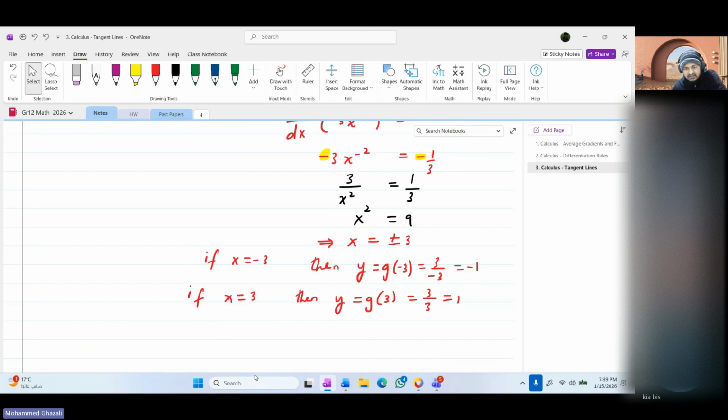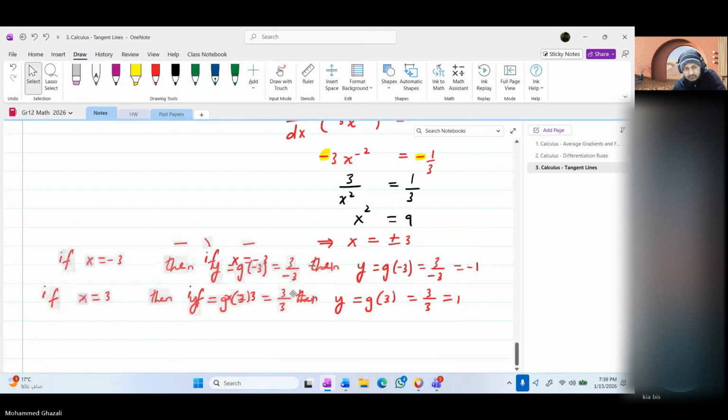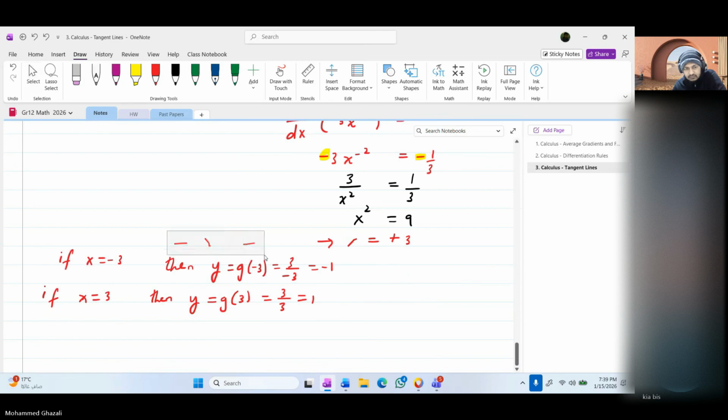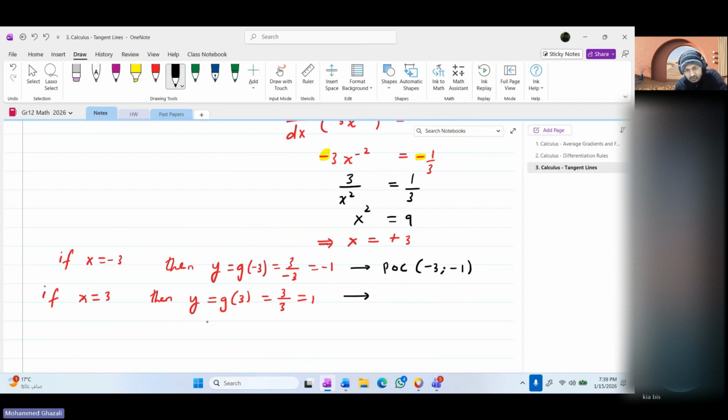So we have 2 points of contact again. The point of contact here is -3 and -1, and the point of contact over here is 3 and 1.